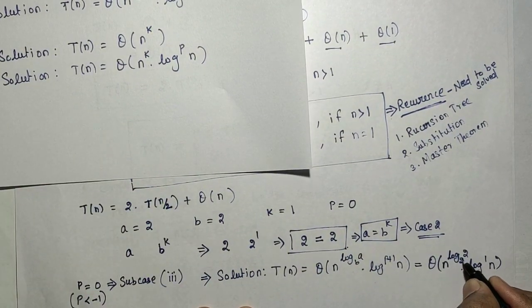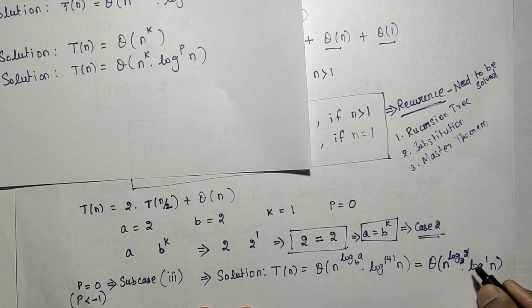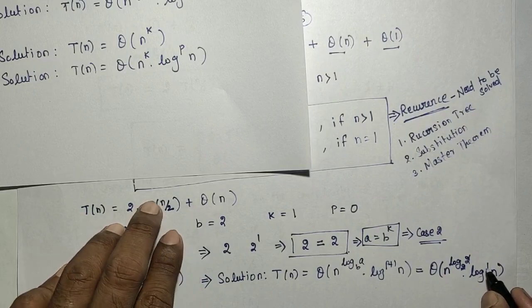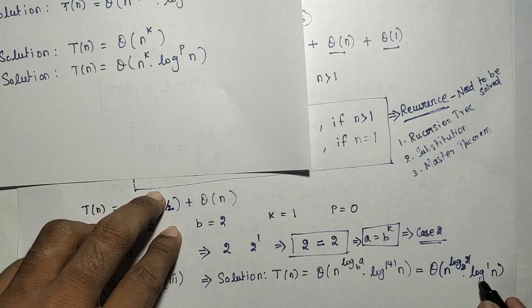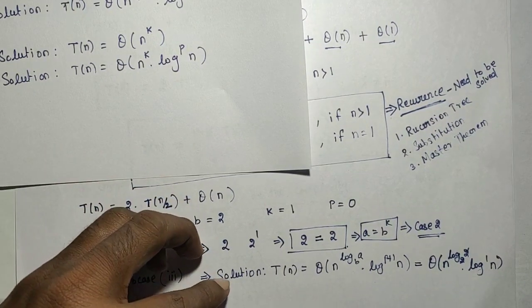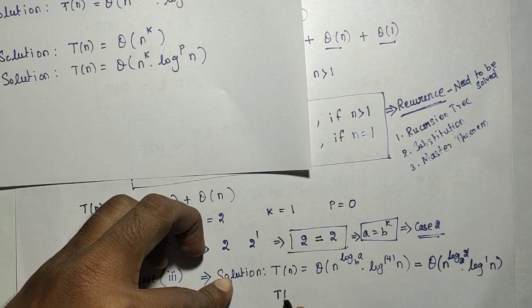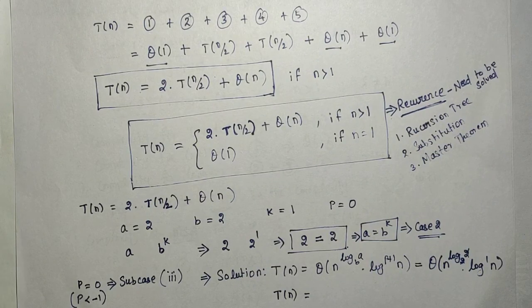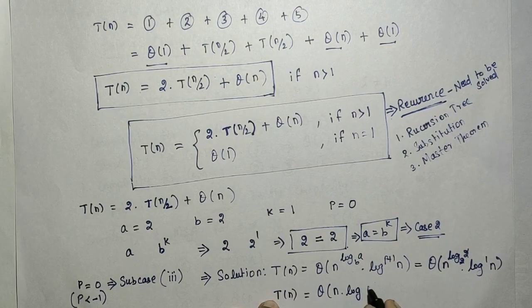Log 2 base 2 is 1, so n power 1 is n. So the final complexity of this solution is theta of n into log n.